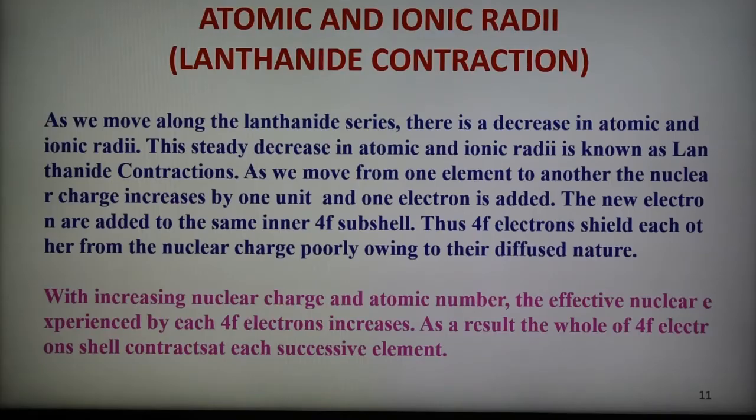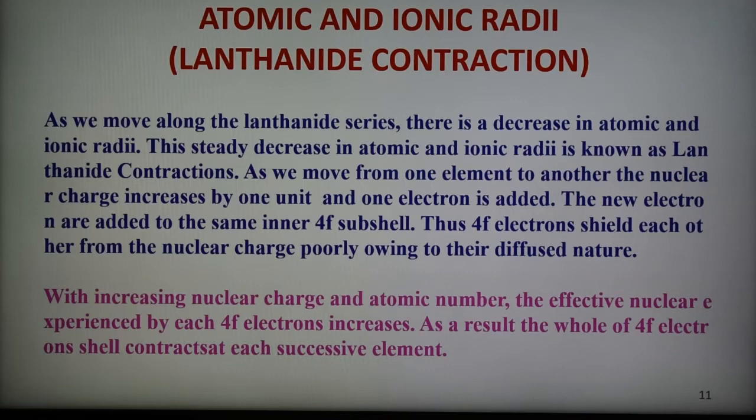So this decrease in the size of the atom, or atomic radii, is known as the lanthanide contraction. From the table, it is seen that atomic and ionic radii of all the lanthanide elements decrease gradually with the increase in atomic number. The variation in atomic radii between lanthanum and lutetium is less regular as compared to ionic radii.